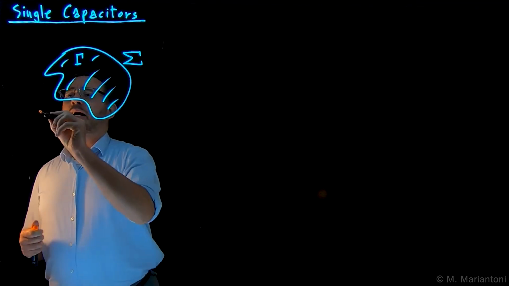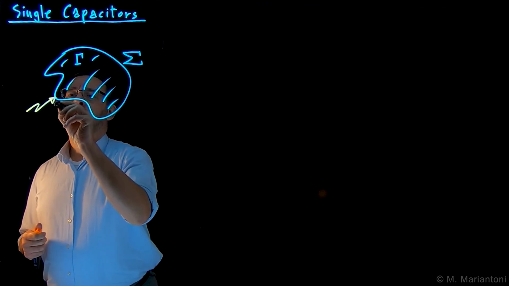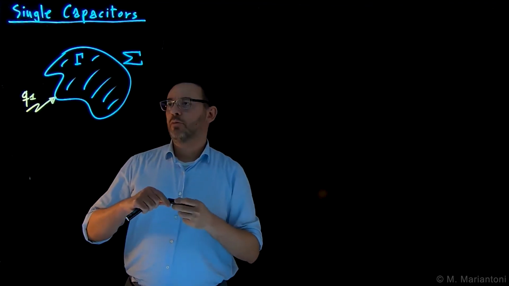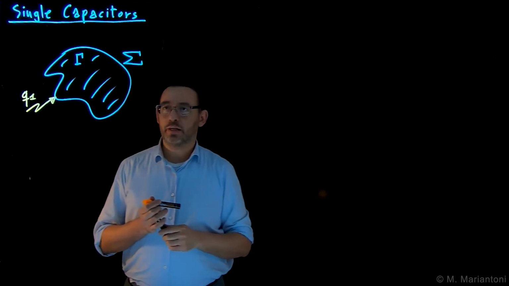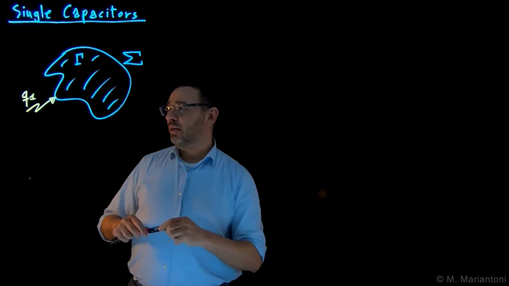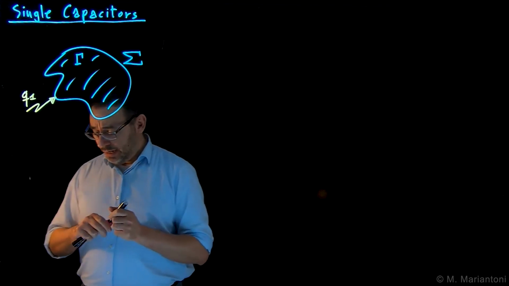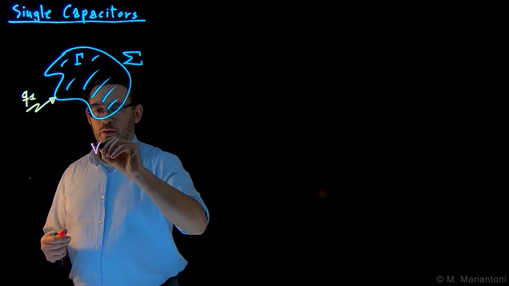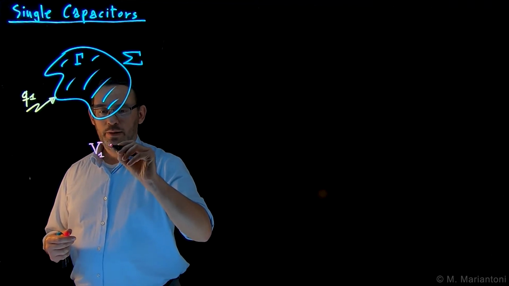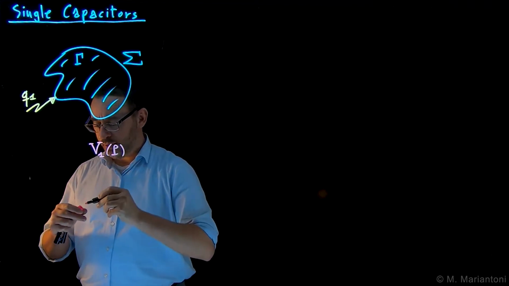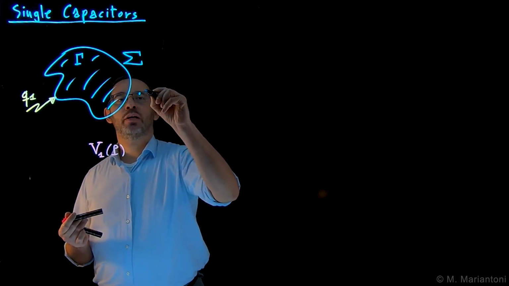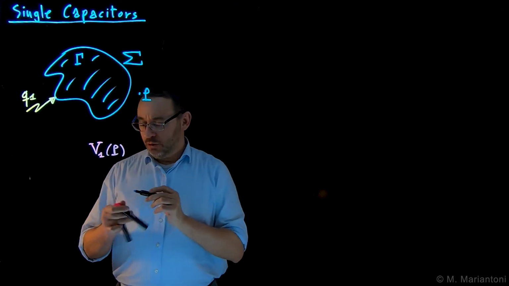So if we do apply a charge Q1 in electrostatic equilibrium, it will distribute on the external surface capital sigma. In this case, we will have an electrostatic potential, let's call it V1 at a generic point capital P in space, where this point capital P is in the vacuum.